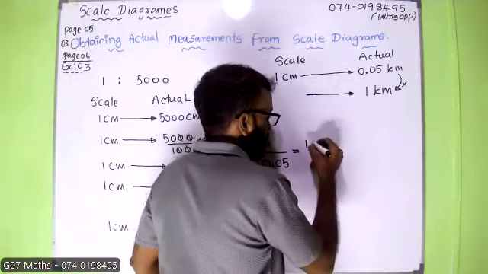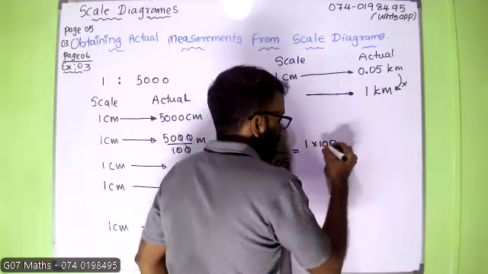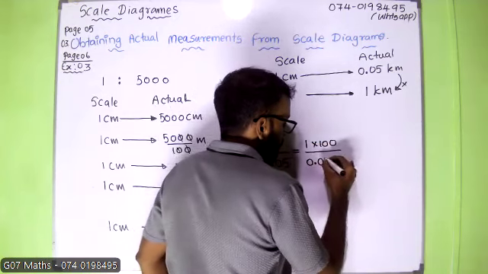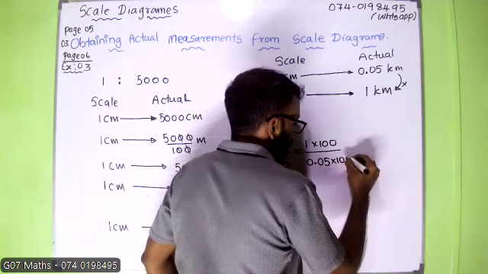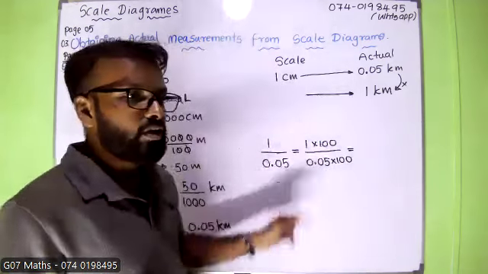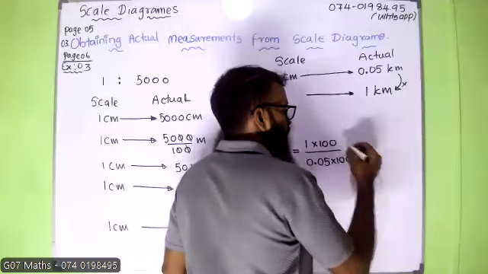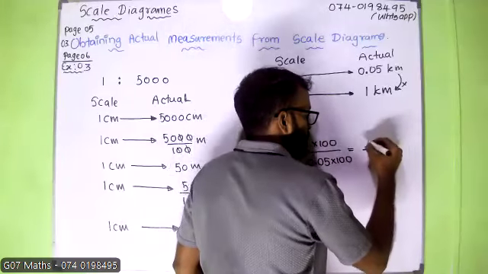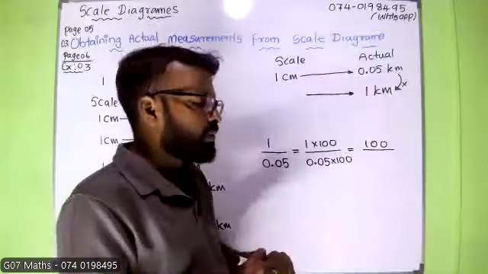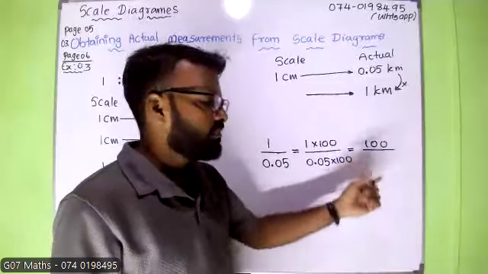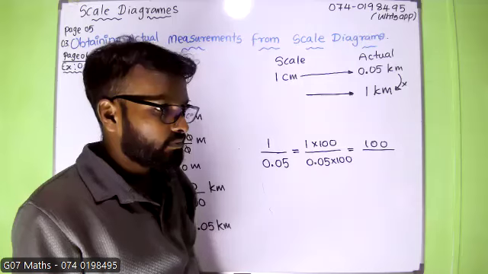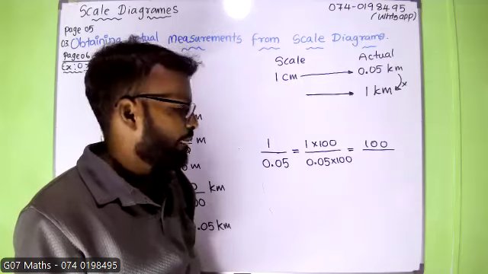1 multiplied by 100, and 0.05 multiplied by 100. So in the numerator, what is the value? 1 multiplied by 100 is 100. And 0.05 multiplied by 100, what is the value?